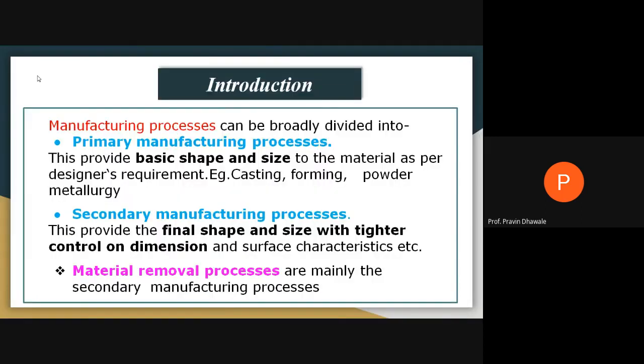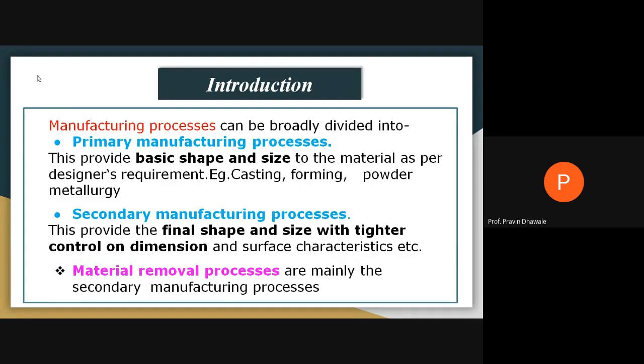As we discussed, every manufacturing process is mainly divided into two parts. First one, primary manufacturing process, and second one, secondary manufacturing process.